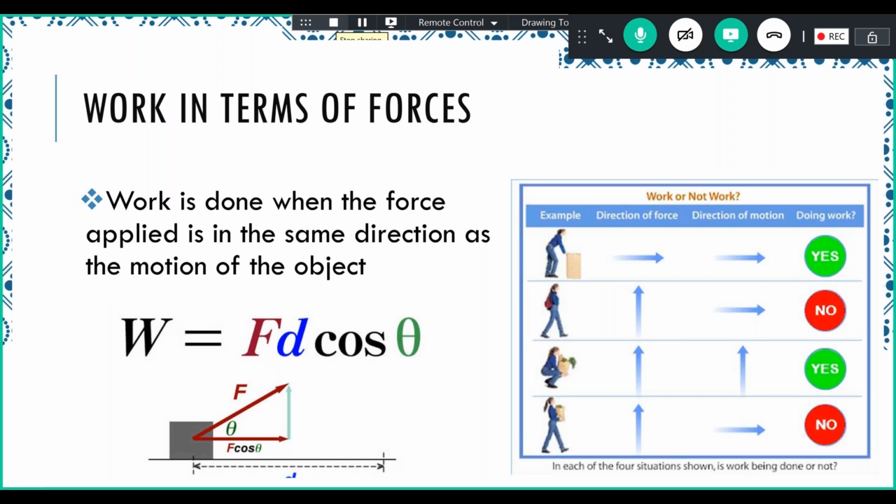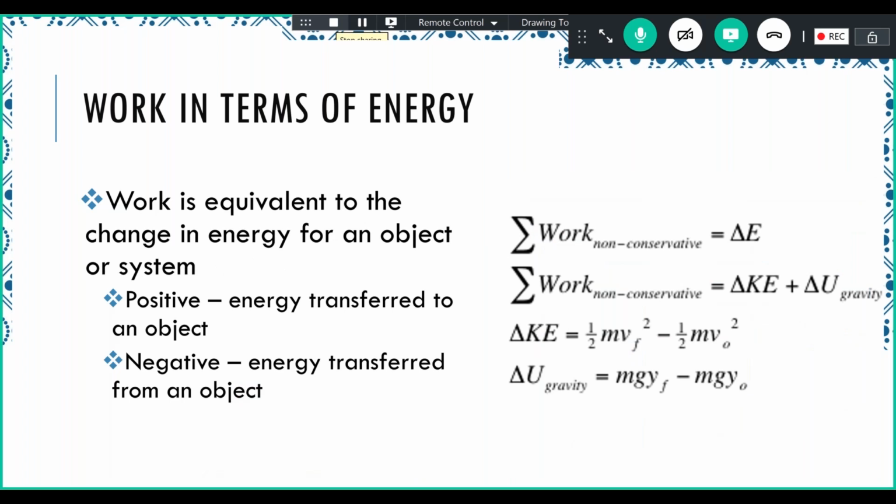However, if you're holding the bag of groceries and walking to the side, your direction of force is up because you're still holding the groceries up, but you're walking to the right, so you're not doing any work. This is just to give you an idea of how the direction of force and direction of motion are intertwined together.